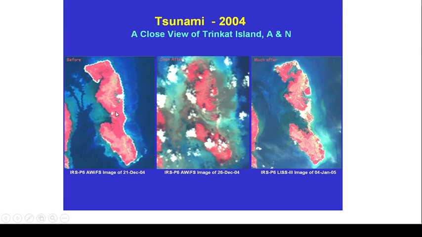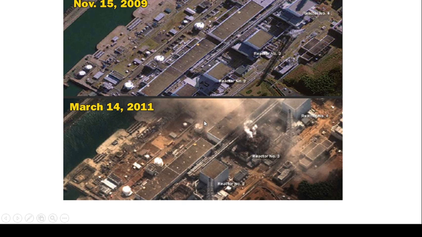The major effect, you can see, is that this area was completely changed, and only such a road or line remained after the tsunami. So likewise, temporal resolution helps to see the changes after different incidents or accidents on the earth.